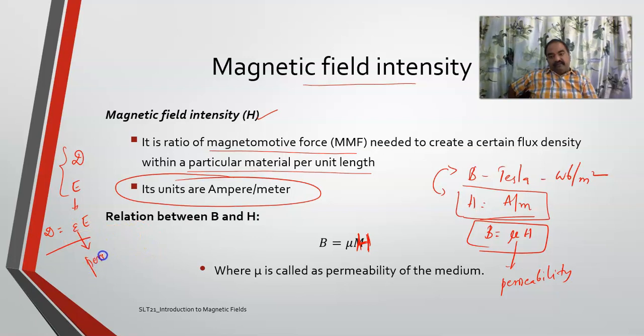In electric fields, we call epsilon permittivity. Here, we call it permeability, represented by mu. Just like absolute permittivity is relative permittivity into permittivity of free space, here also we will have the same. Okay.